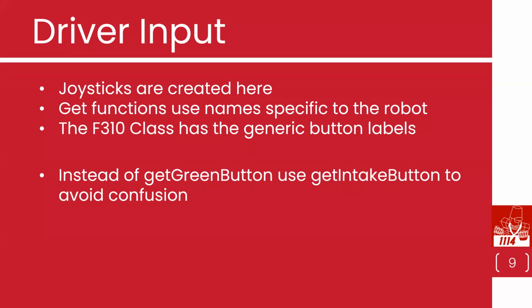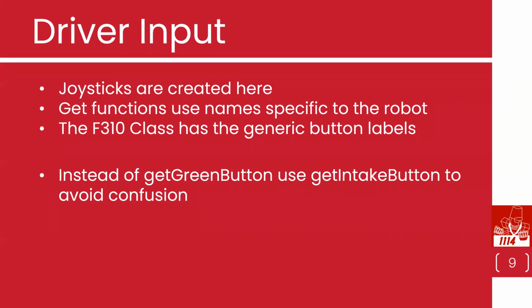As a general best practice, the reason why we use driver input the way we do is that instead of having in your teleop code saying joystick dot get raw button 4, we want to be more specific, so it's more understandable when you're, in the heat of the moment, trying to change something.